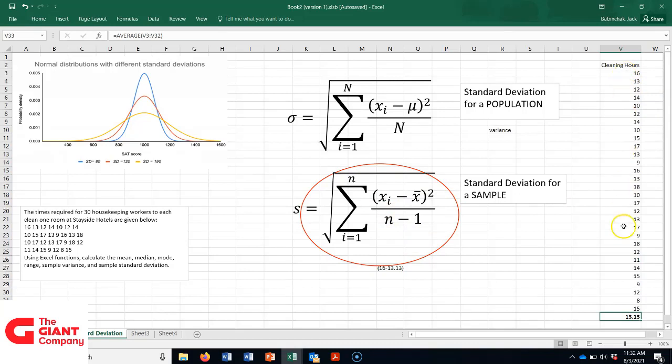So we take the number of observations here and we subtract 1 from it. There's a number of reasons why we do that, but it has to do with error and the shape of the curve itself. So remember to do that too when you're dealing with a sample. Take the number of observations minus 1. We get a number, we take the square root of that, we have the sample standard deviation.